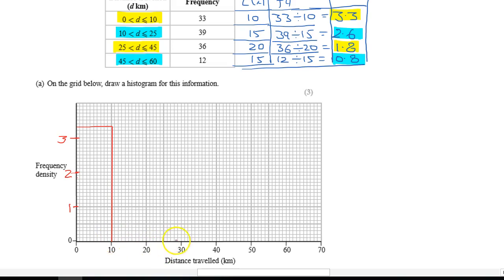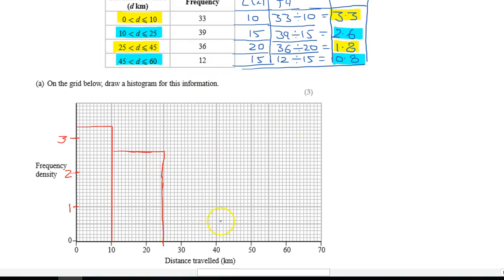Zero to 10 to 25 is this, and this is 2.6, 2.1, 2.2, 2.3, 2.4, 2.5, and 2.6. You use a ruler to draw this line.